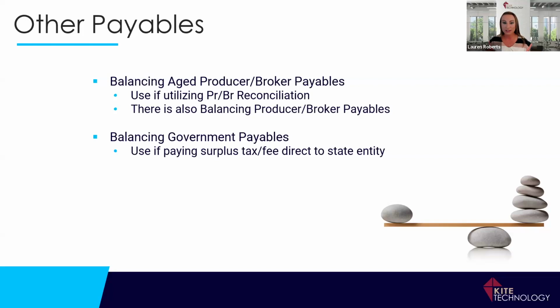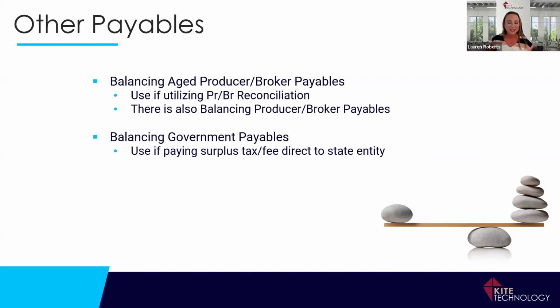The PRBR reconciliation really is the best way to manage those. And if you are also configured to automatically post to GL for those transactions that they've earned commission for, it'll create a payable balance too. So that was a long-winded answer. Forgive me for that one. But there's just so many things that are involved.